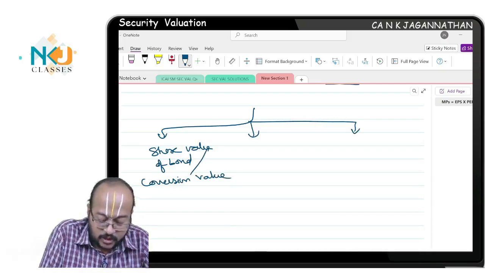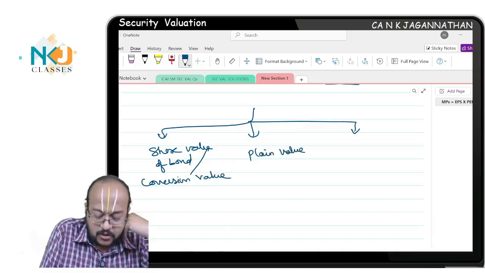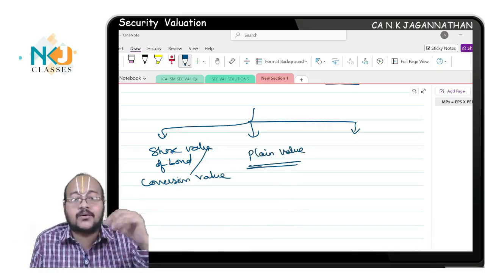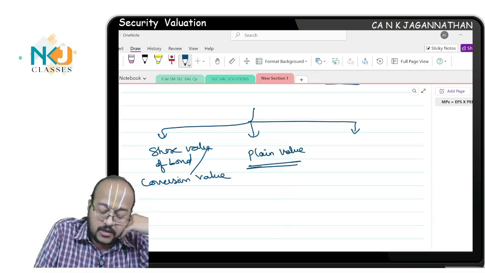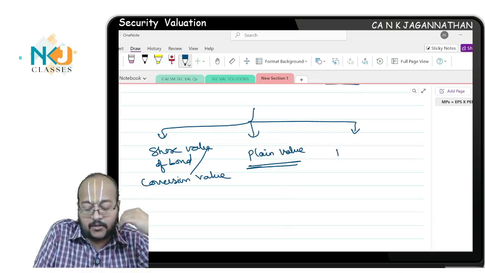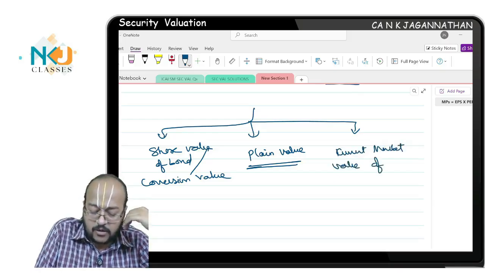Next is the plain value of the bond, without the conversion option. Plain value of the bond without the conversion option. And then the current market value of the convertible bond. Market value of convertible bonds.